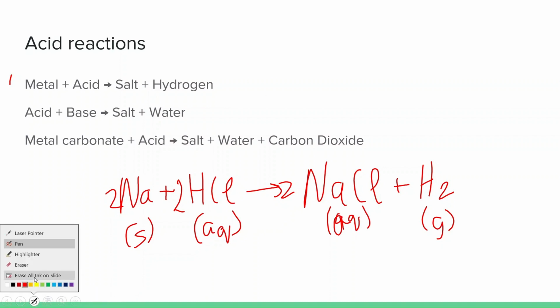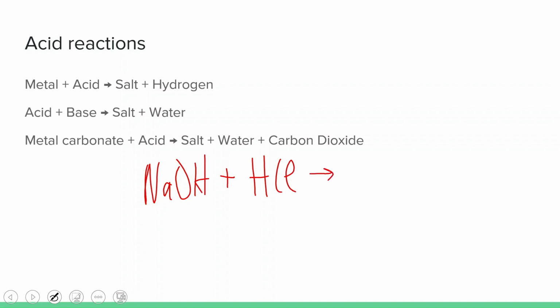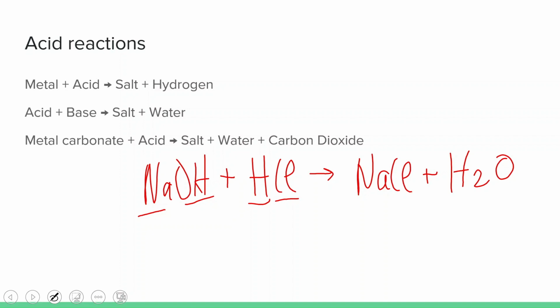The next one would be acid plus base gives us salt and water, which is a neutralization reaction. So here I'm going to have NaOH plus HCl. That will give me sodium chloride. As previously discussed, OH- and H+ will give us H2O.